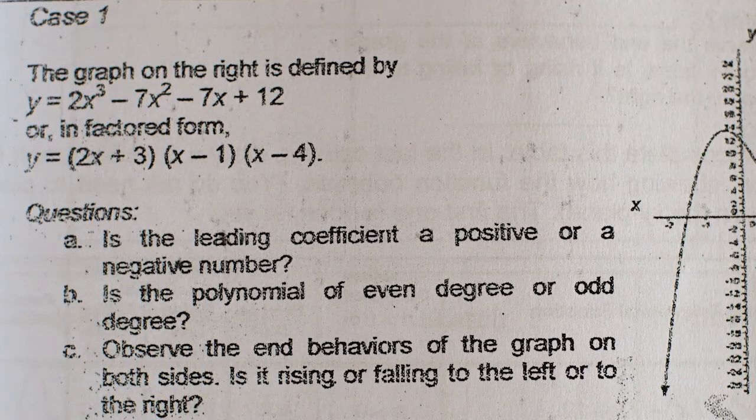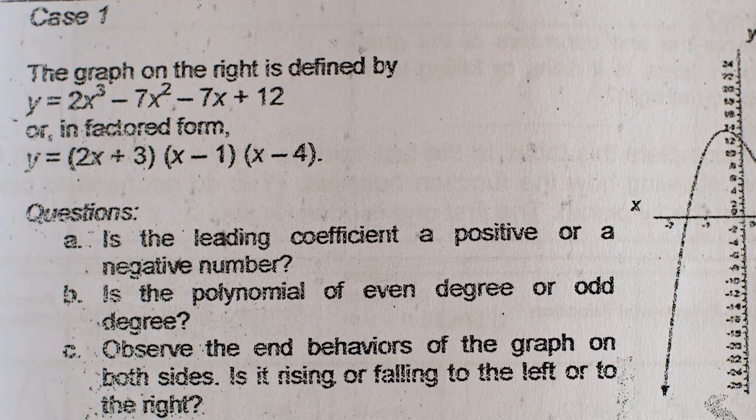For Case 1, the graph on the right is defined by y = 2x³ - 7x² + 12, or in factored form, y = (2x + 3)(x - 1)(x - 4).